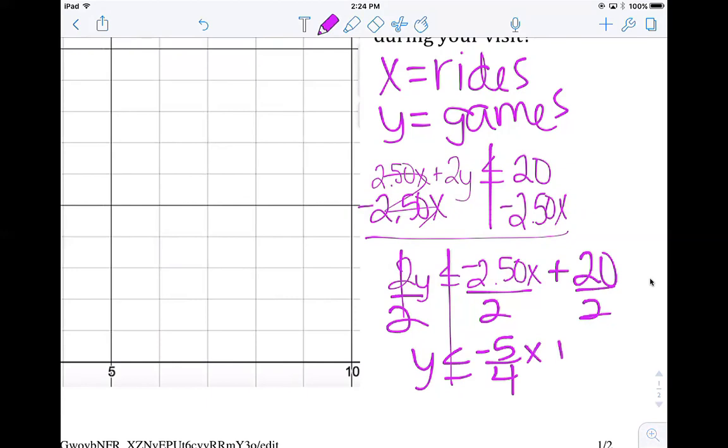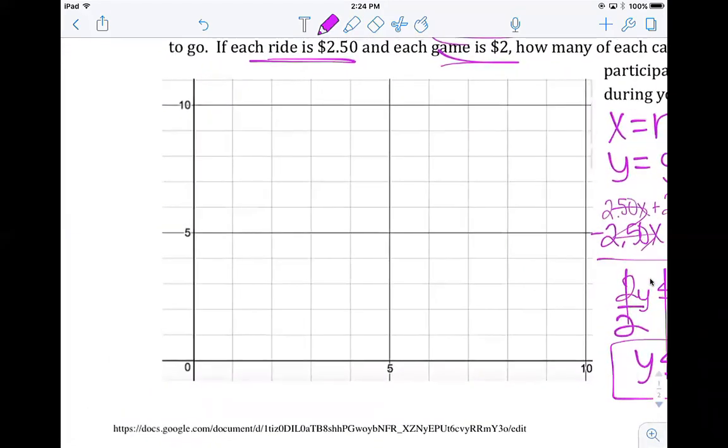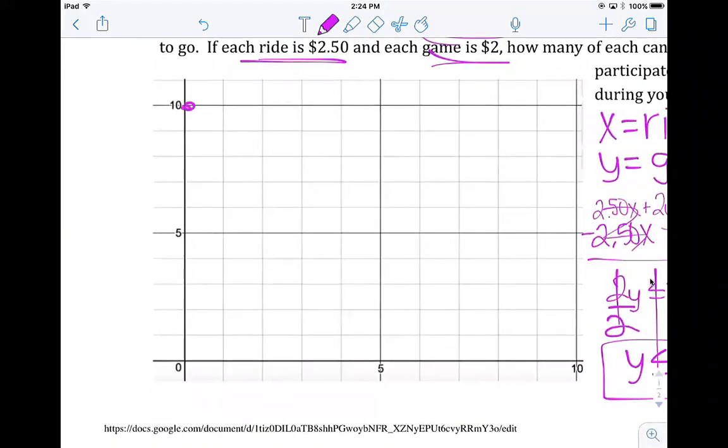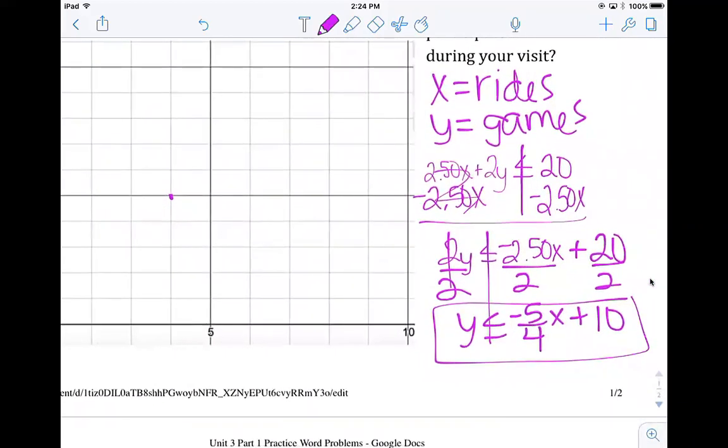So we have our x, and then 20 divided by 2 is 10. So we have our inequality. We're going to start at 10, and we're going to go down 5/4. So we're going to go down 5 blocks, over 4.